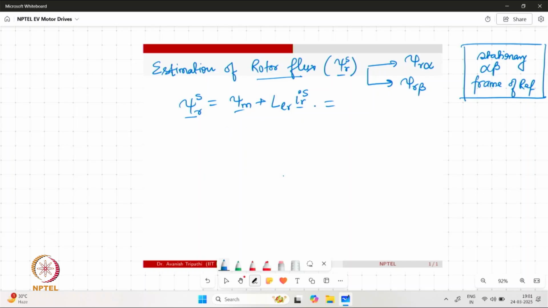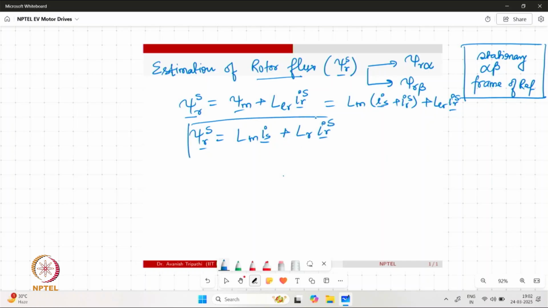Now, because psi m can be written as a combination of IS and IR, we can segregate the terms related to different currents, stator and rotor currents, and then write this equation in terms of Lm IS plus LR IR in the stationary frame of reference.